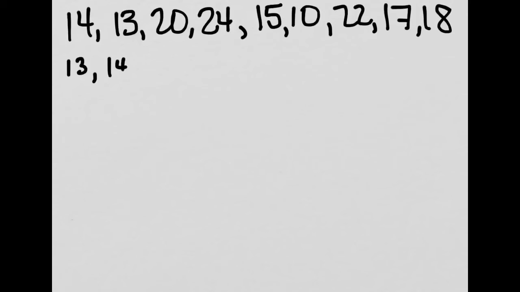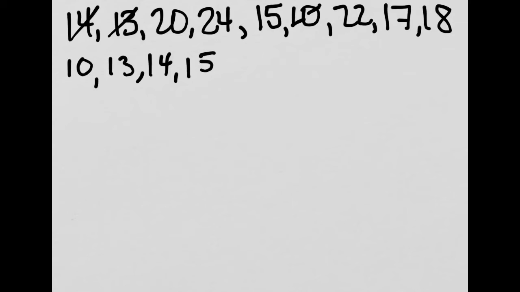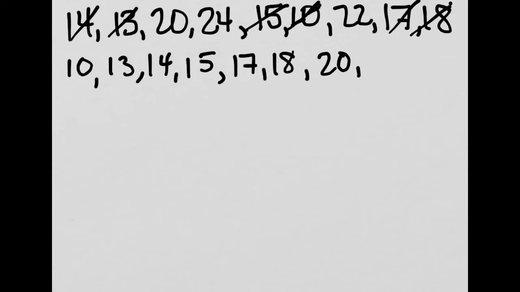So I have 10, 13, 14, 15, 17, 18, and then I have 20, 22, and 24. So I should have 9 numbers again. Okay, so I used all of them.